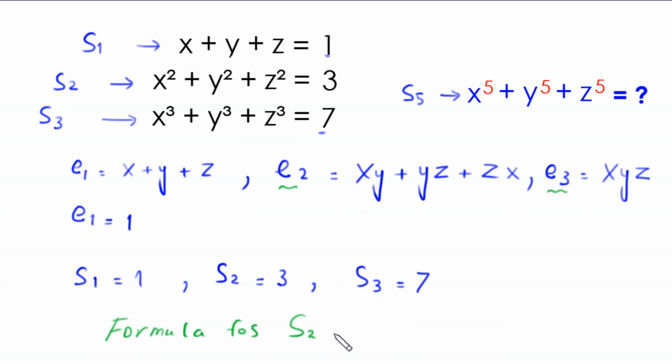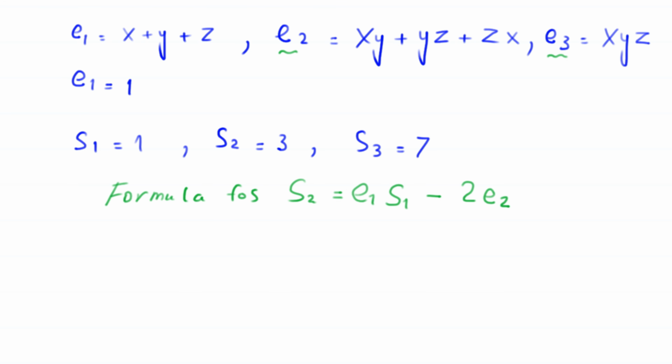Newton's sums formula for S2 is equal to E1 times S1 minus 2 times E2. In this formula we replace S2 with 3, E1 with 1, and S1 with 1.